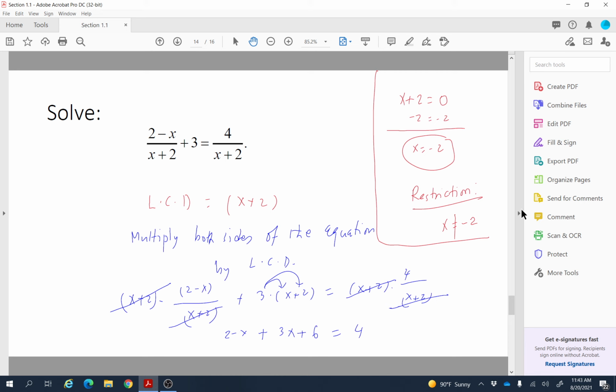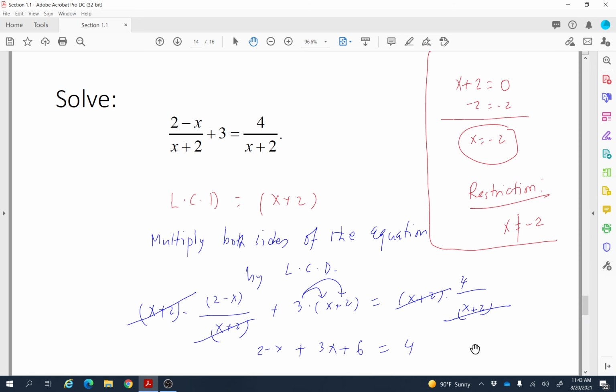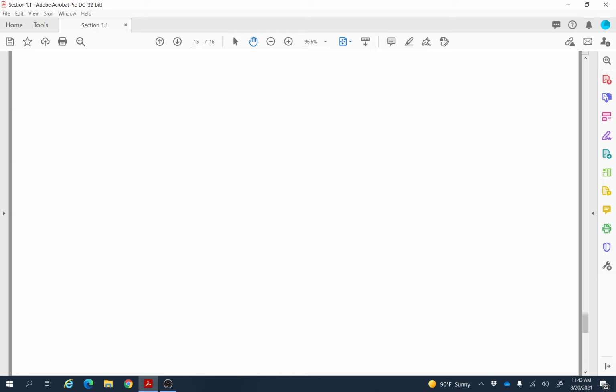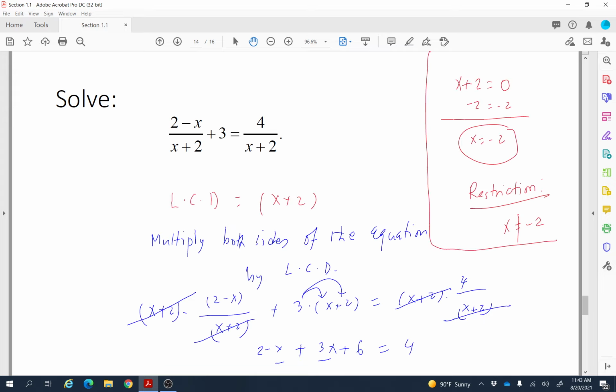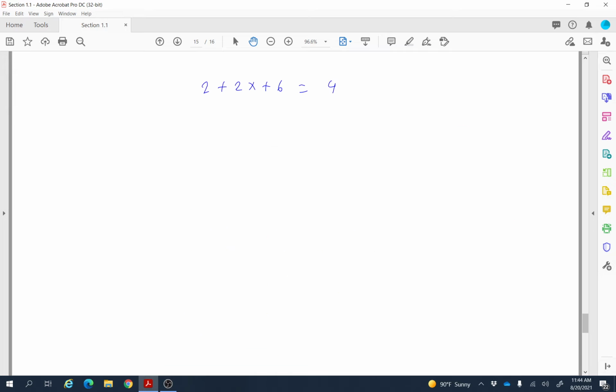If you try to solve this linear equation, we have to combine the negative x and the positive 3x. That will be positive 2x, and then 2 plus 6, which is 8, equals 4. Now I need to subtract 8, because the goal is to find the value of x, and for that we need to get rid of this plus 8.